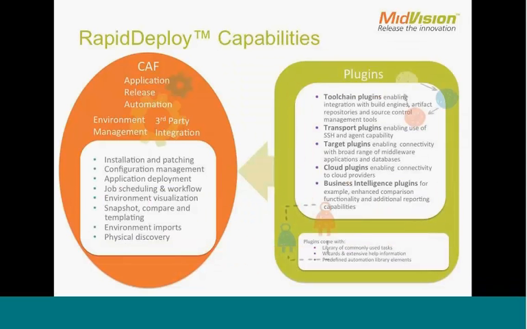So here you can see more details about the architecture. The core framework is responsible for managing environments and integrating with third parties, and also for installing, patching and deploying applications, managing the configuration and the environment, scheduling the deployments and building workflows of them.